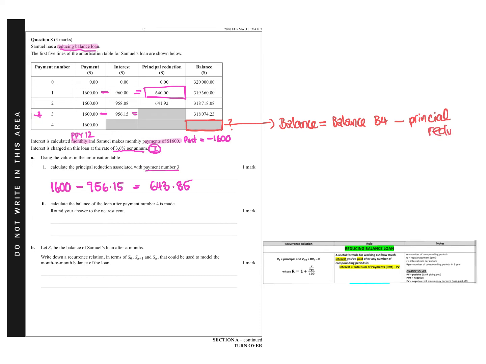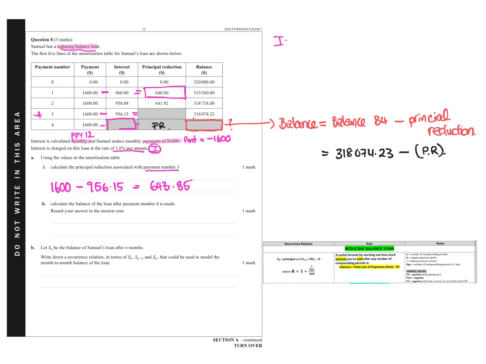If we look here, we know the balance before, it's 318,074.23, minus the principal reduction. So I need to find this principal reduction here, and we know that was found by doing the payment minus the interest. So we need to find the interest.